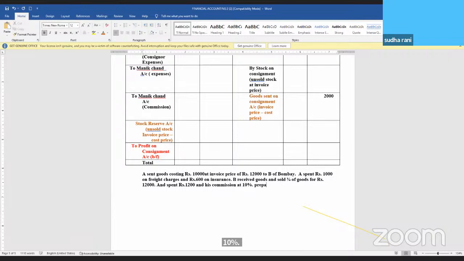Simple question I give. Prepare ledger accounts.